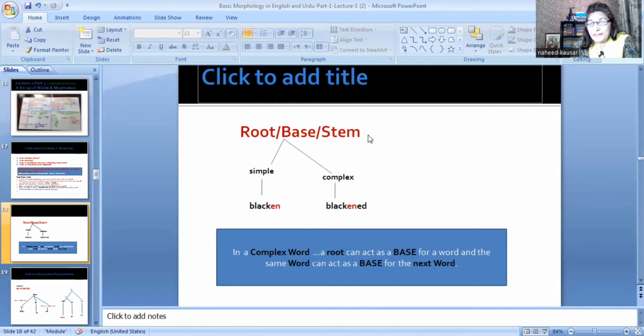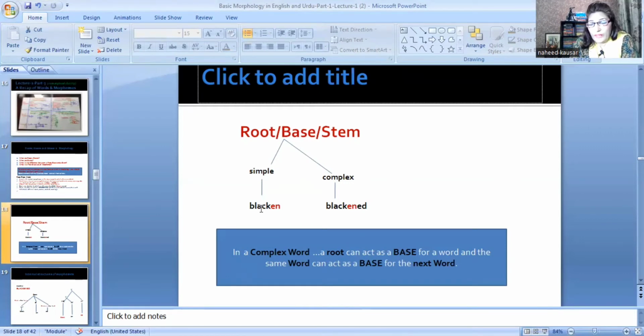So that's going to be a very interesting example. That is why I put all the three terms at the top, so that out of this word, in a tree structure, we can identify the root, the base, and the stem altogether. Let me tell you that blackened is the verb, which is the past tense of blacken. And the root word for this word, blackened, is the adjective black, which is a simple word.